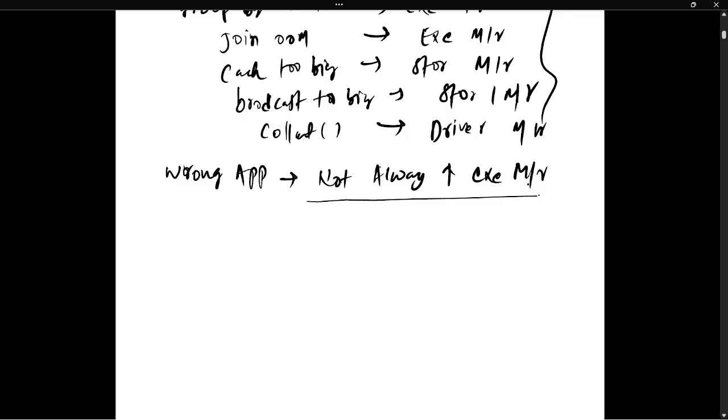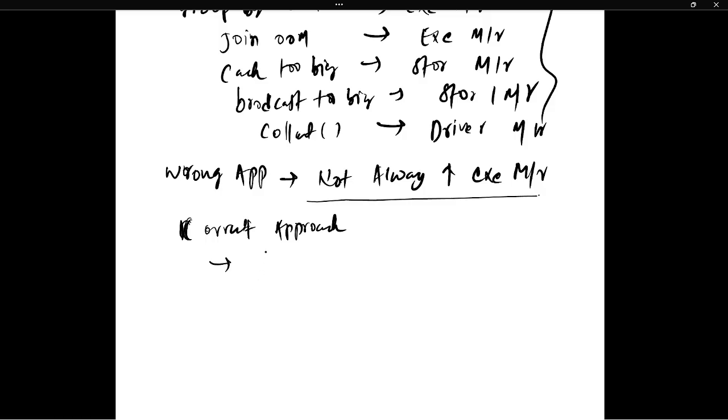So what is the correct approach? The correct approach is: tasks process partitions.